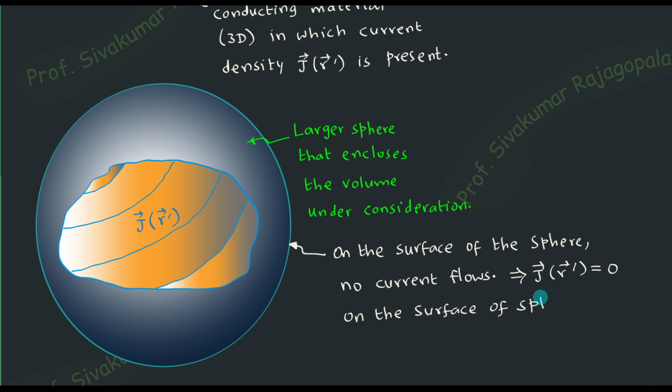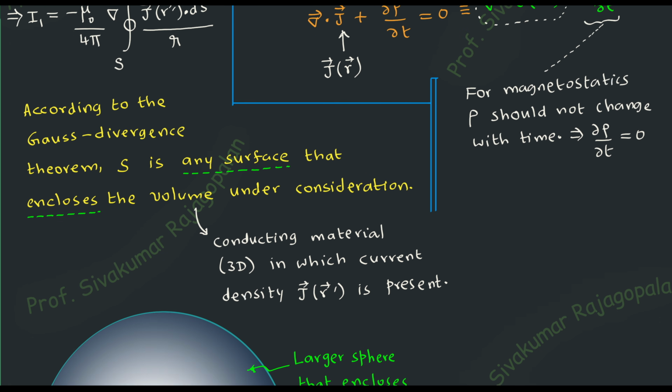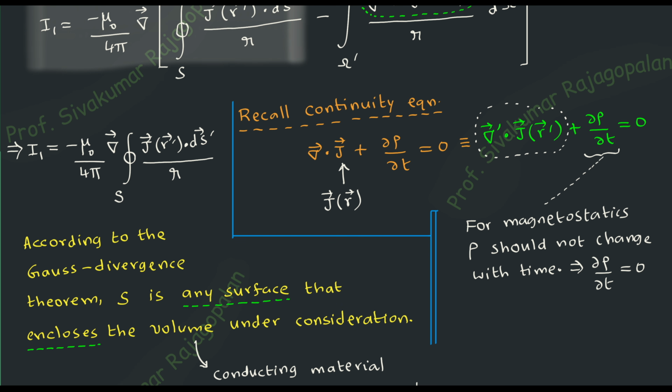Because it is a surface integral, right? Only on the surface you have to worry. So therefore, I am going to substitute capital J of r prime in the integration here. Yeah, so that is the integration where you have J, and I'm going to substitute a 0 here. And remember, because there's a S here, this is the closed integral. So the surface is a closed surface. On that surface, J, I'm making 0.